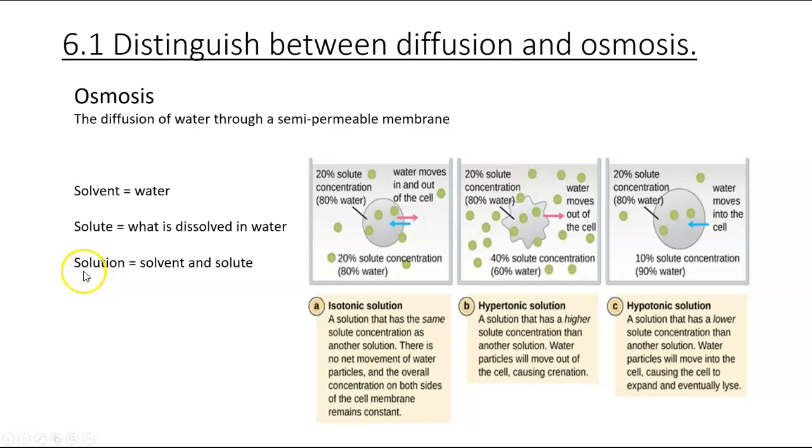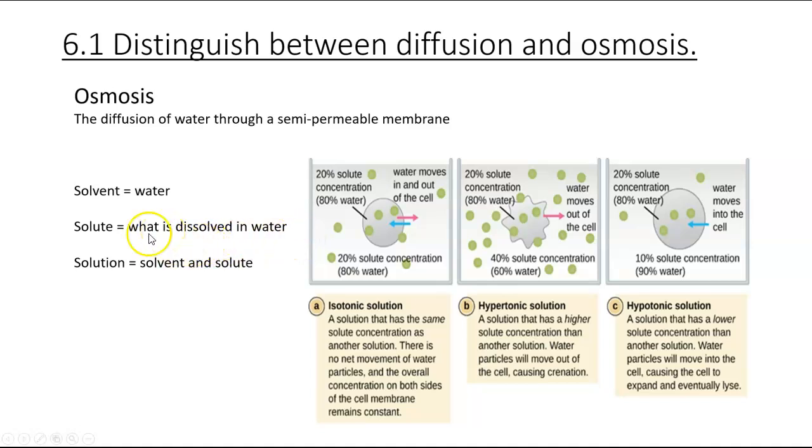Before I go on, I just wanted to remind you of some vocabulary that you might be familiar with. We have the word solvent, that in biological systems is water. Water's the thing that does the dissolving, the solvent. The solute is what is dissolved. In cells, when we're talking about osmosis, the solute is usually salt or sugar.